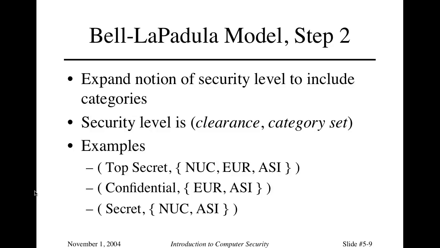Similarly, we have other two examples: confidential level Europe, Asia, or secret level nuclear Asia. Now when we compare two security levels, we need to compare both parts of the security level specification.